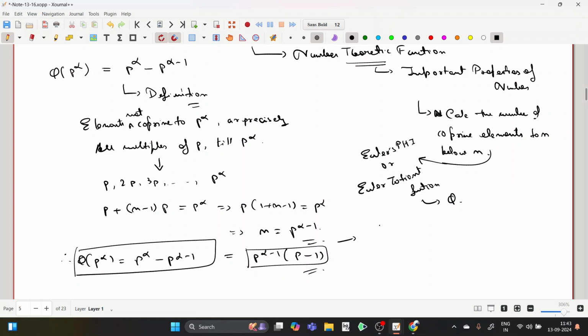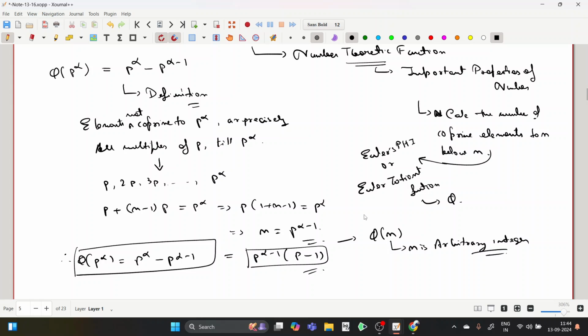But the problem arises when we want to find the value of phi for an arbitrary integer n.